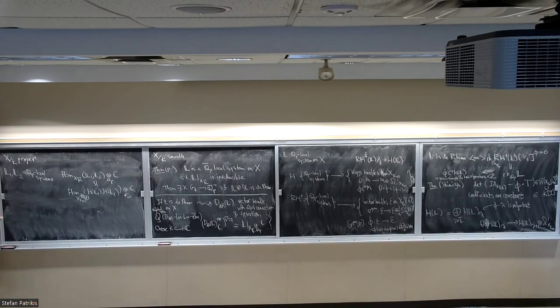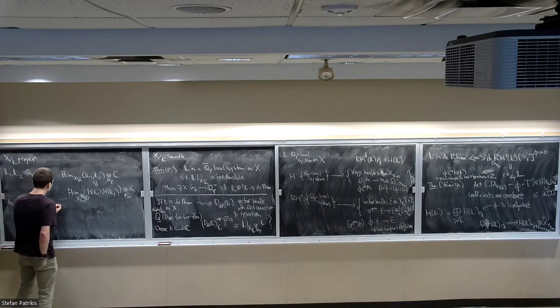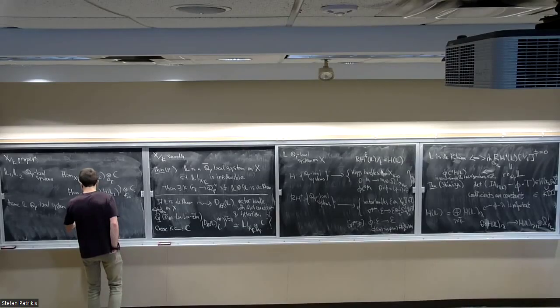Now let me give a partial proof of this result. Let me assume that L is a Q_p local system such that, if I view it as a Q_p-bar local system, then geometrically it's irreducible.